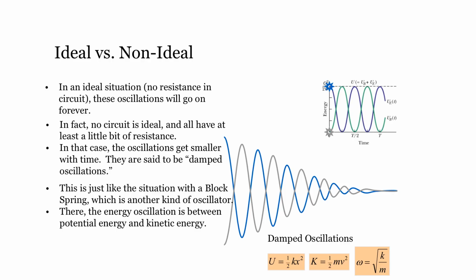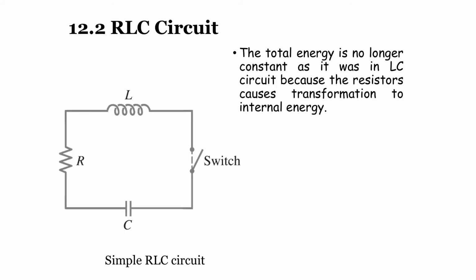Now we are going to discuss the LRC circuit. I think you are familiar with this kind of graph. The LRC circuit is basically the combination of a resistor, inductor and capacitor. Before this we only discussed the LC circuit, which means that the energy is stored between the inductor and capacitor.